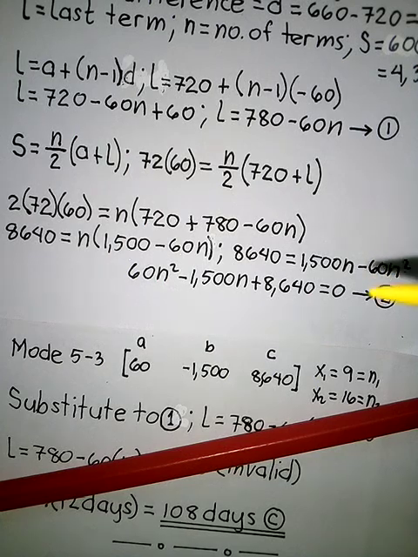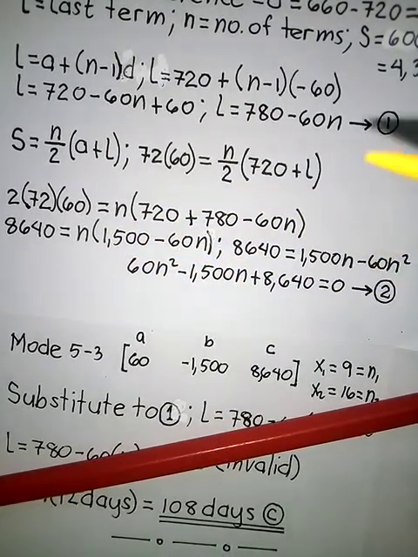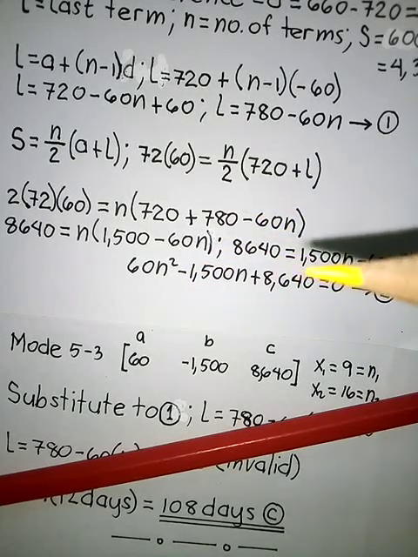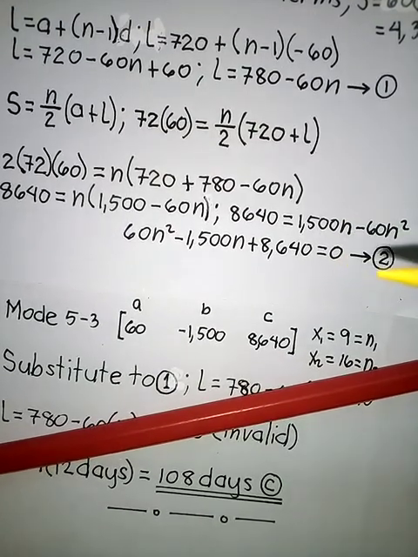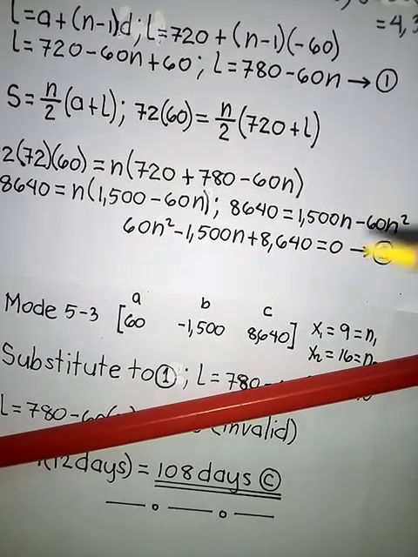Transposing everything to the left, we have a quadratic equation: 60n squared minus 1,500n plus 8,640 is equal to 0. Let's make this equation 2.